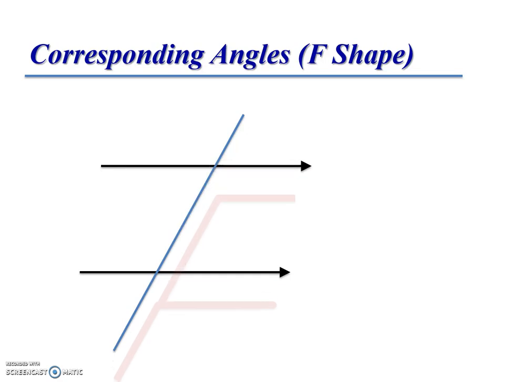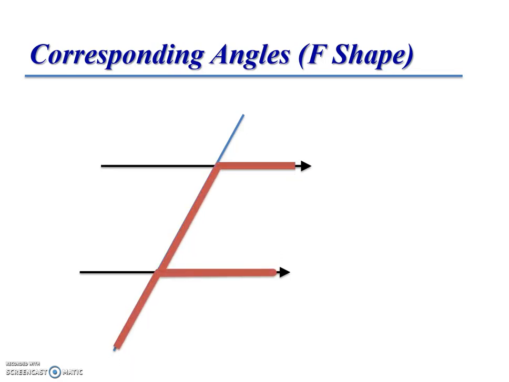One more time. Here you go. Now, the F shape will give you the same value exactly at these two points or these two angles. The value will always be similar. And for example, if one of the values is 110, the other value will also be 110.